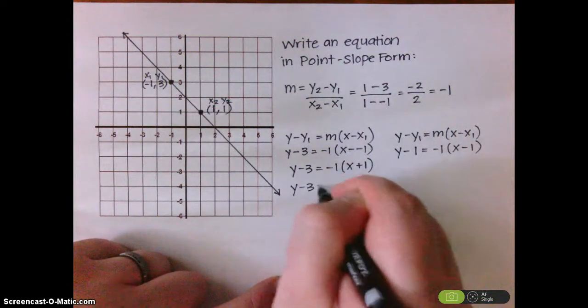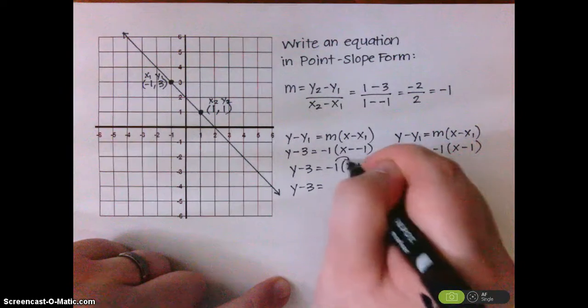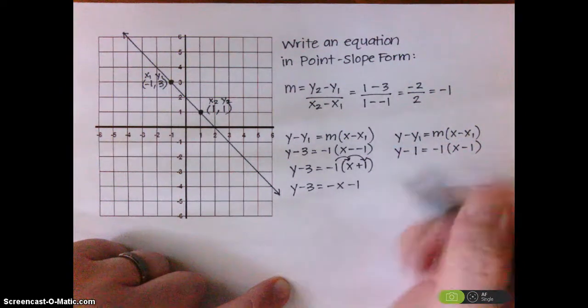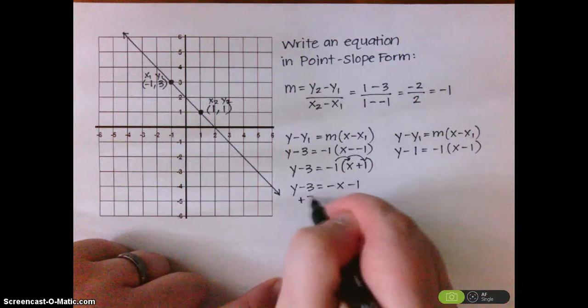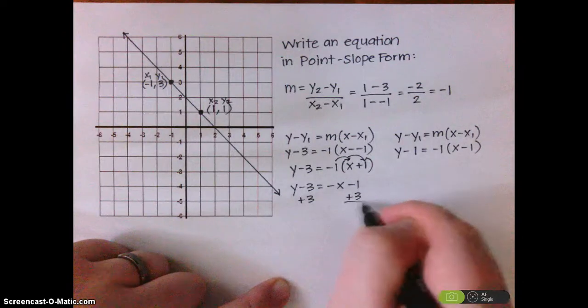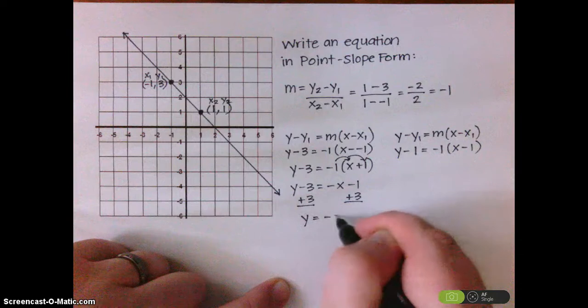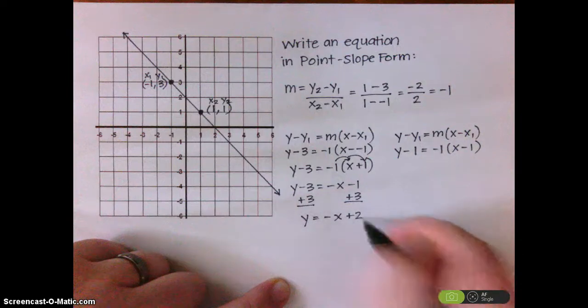So I have y minus 3 here, and I'm going to do my distributive property equals negative x minus 1. And I'm going to add my lonely 3 to the opposite side. And in the end, I'm left with y is equal to negative x plus 2.